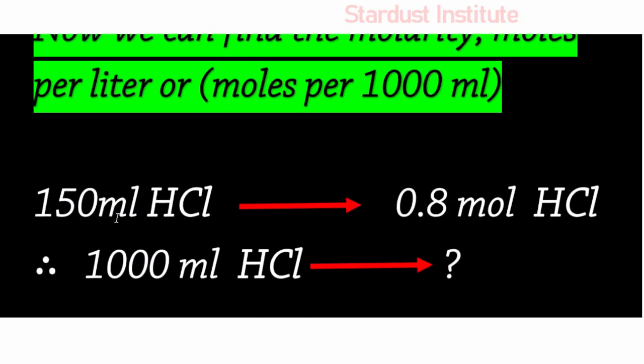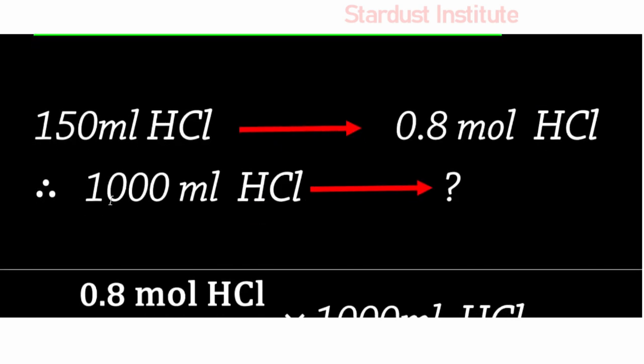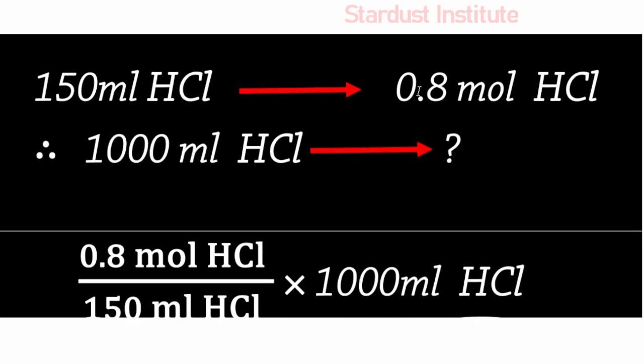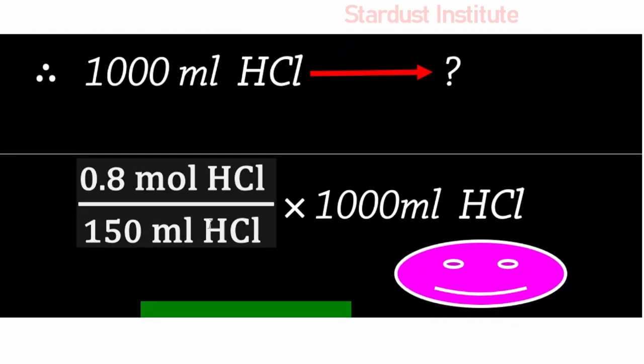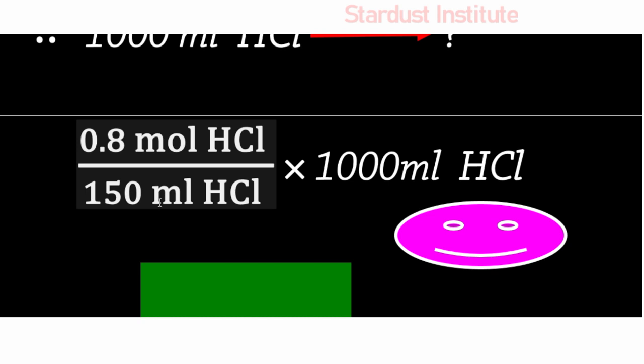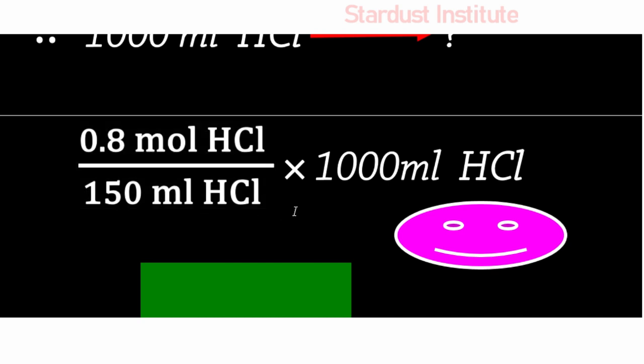Then in 1000 milliliters of this HCl solution, how many moles of HCl are there? We can find it in this way: 0.8 moles HCl divided by 150 milliliters HCl multiplied by 1000 milliliters HCl.